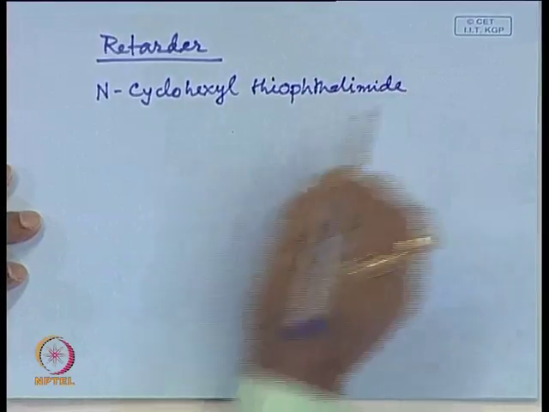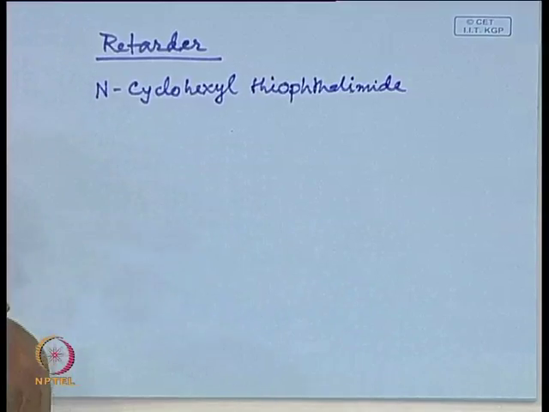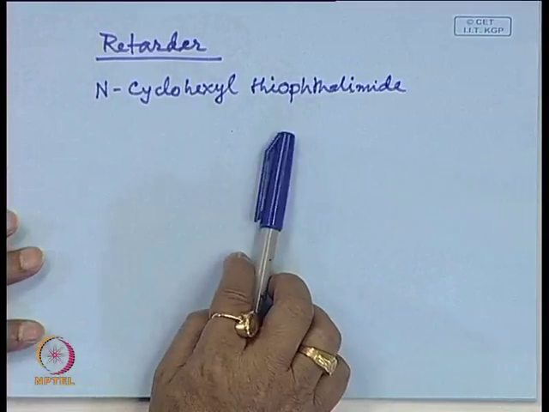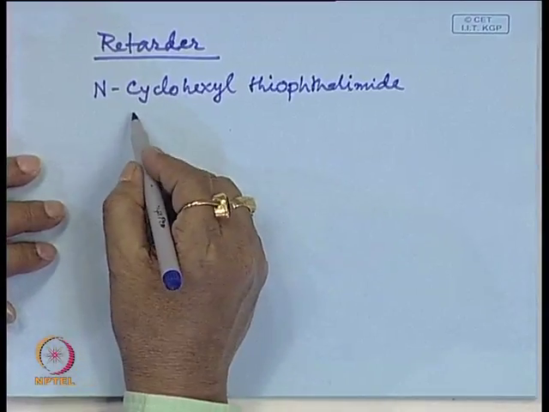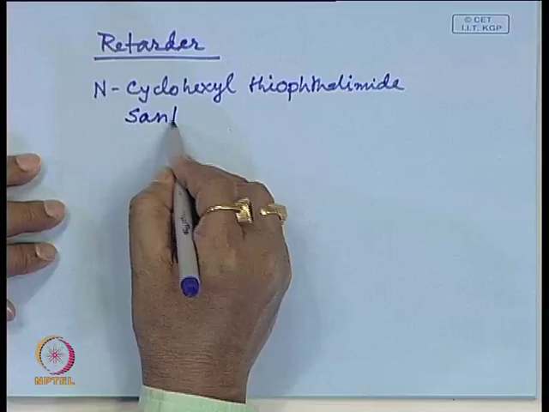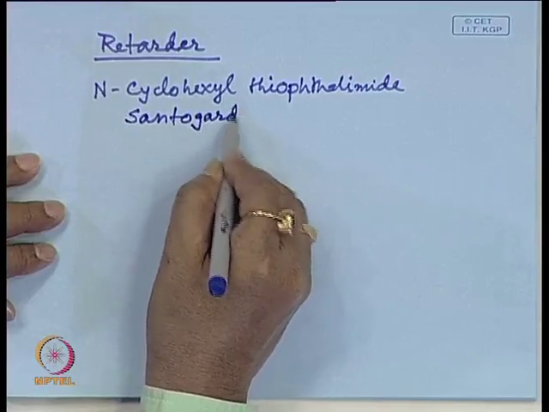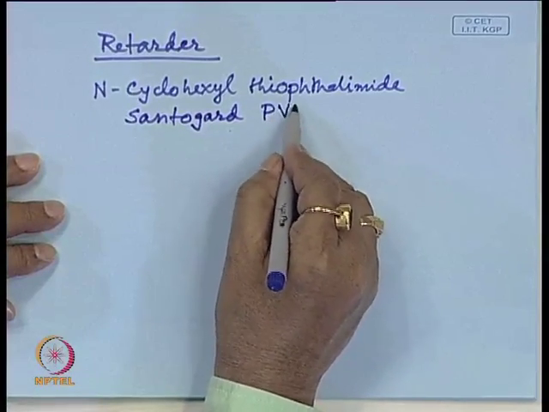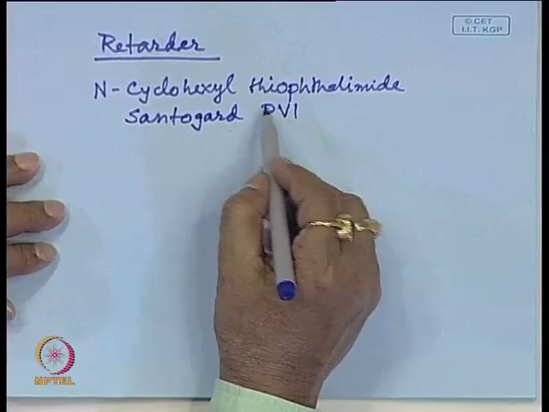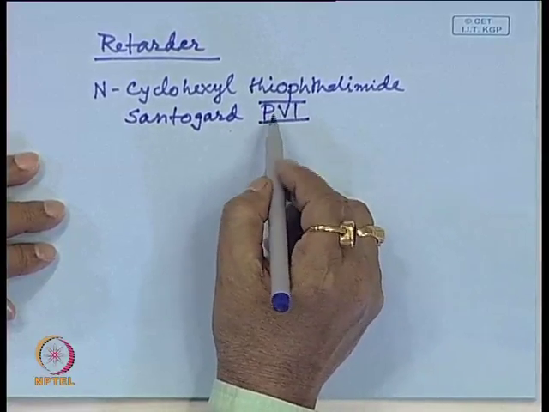This is a compound which is used for the retardation of vulcanization or retarding the vulcanization reaction, and actually a trade name is Santogard PVI or P6.